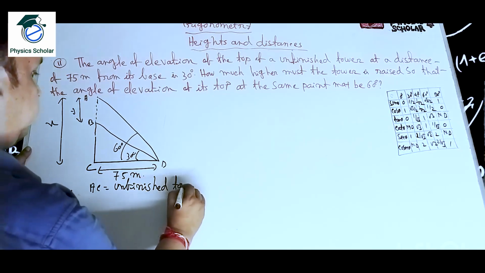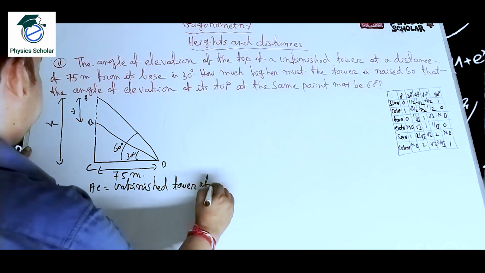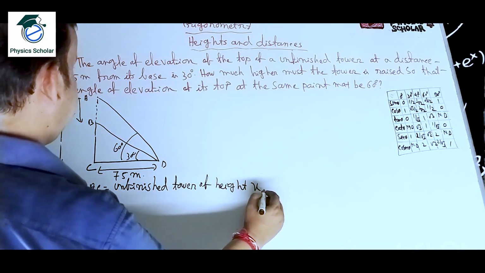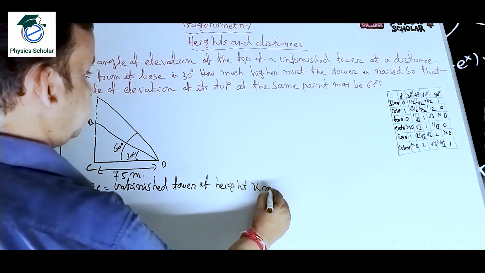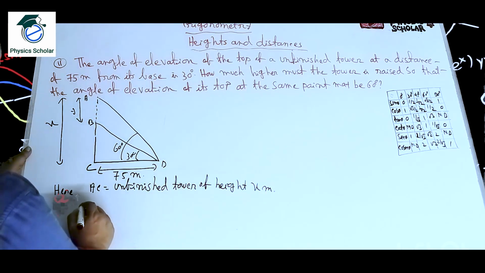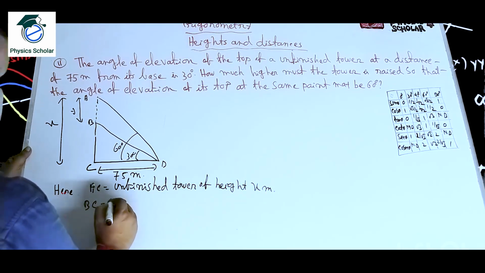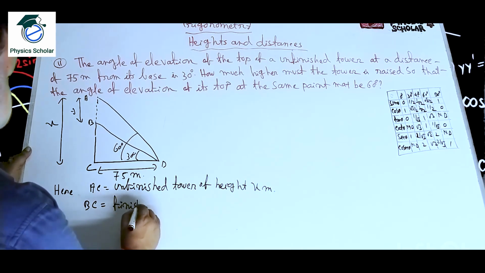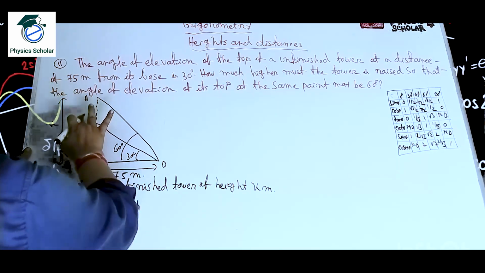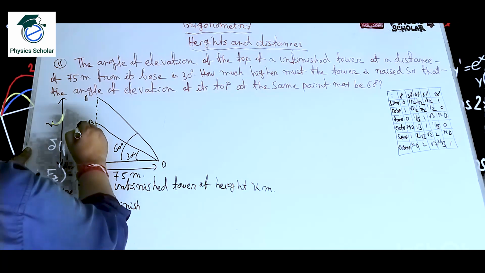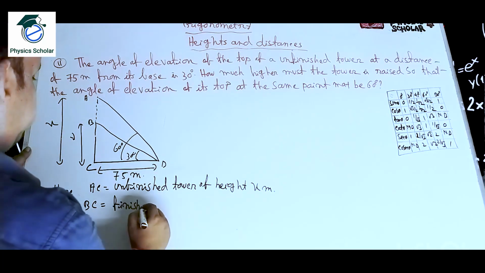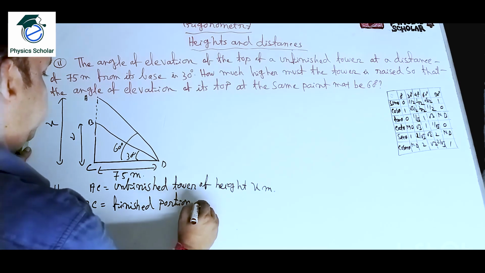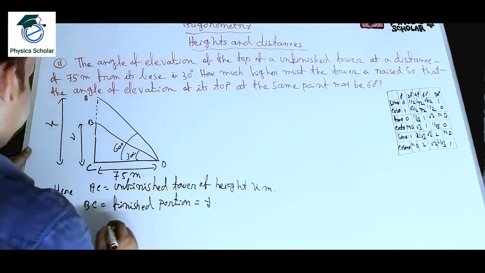unfinished tower of height x meter, clear. BC is equal to the finished portion, it's better you take it like this, y. So the finished portion is equal to y.